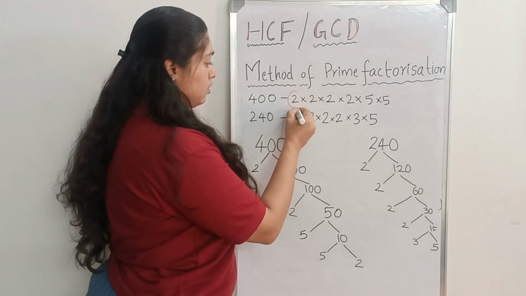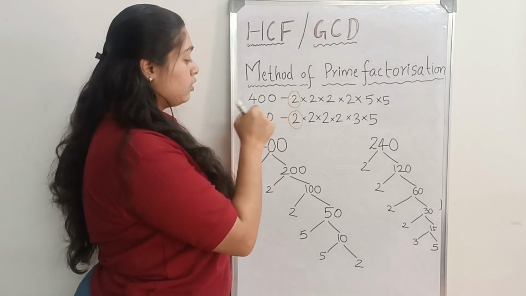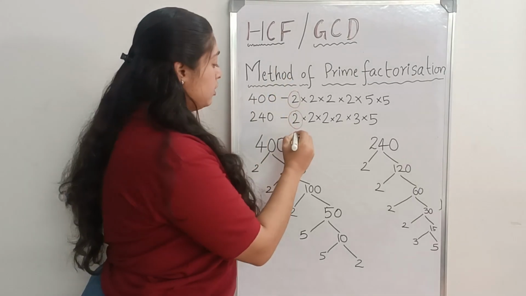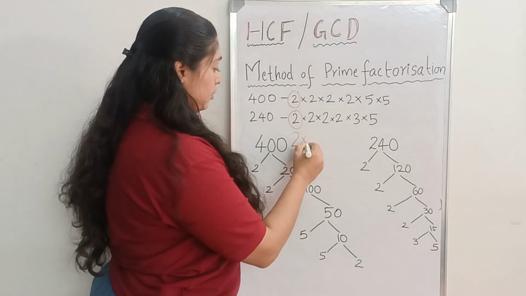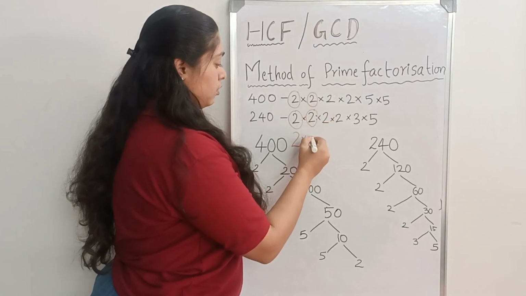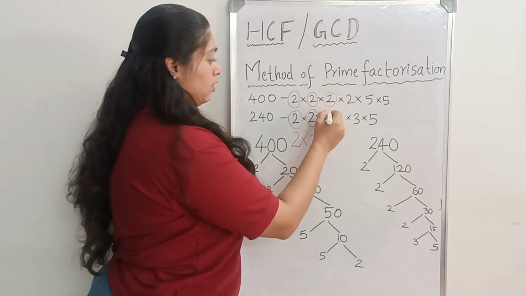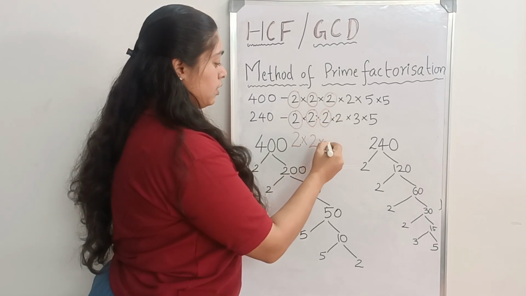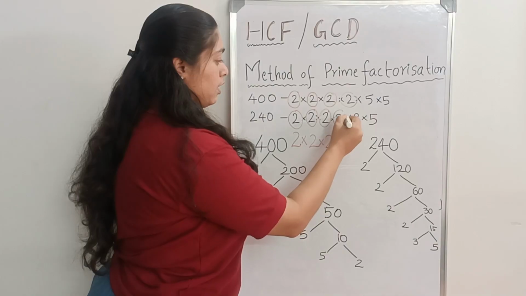Now, as discussed in the previous example, let's find out the common pairs. Again, let me start with the 2 over here. Yes, one 2 for 400 and another 2 for 240. It's a pair. So let's take one common 2 for them. Again, this one can be made into a pair, so the second 2 for them. This is also a pair. Let's take this one. And finally, for this 2 also I have a pair.